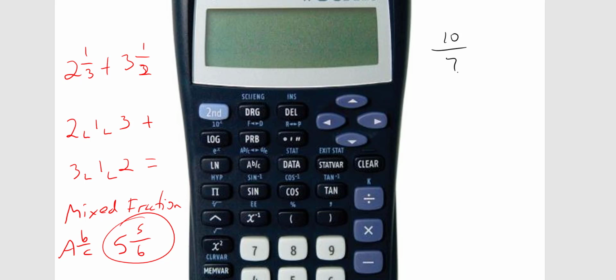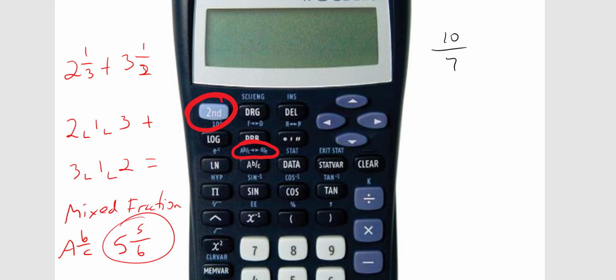But if you want an improper fraction, which is just a complete fraction, then you're going to hit second ABC. If you notice, the second does this. That's the top part, and see how it says A B/C convert to D/E? That's converting it into an improper fraction.